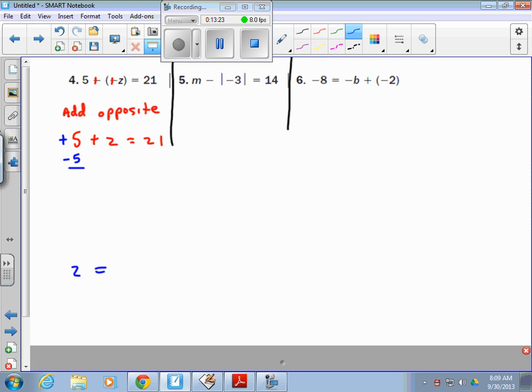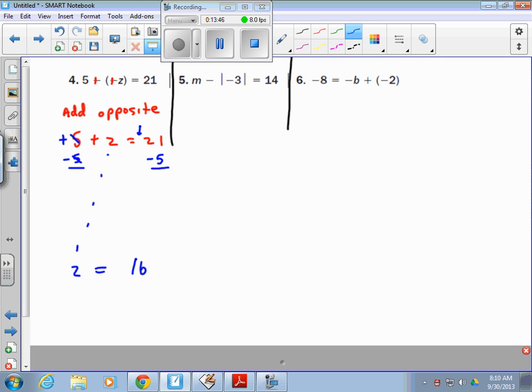If you subtract 5 on the left side, you have to do likewise on the right side. It'll cancel out the left side for you and leave you with just z, which is what we were looking for. And 21 minus 5, opposite sign, so subtract them. 21 minus 5 leaves you with 16. And 21 is a positive. There's no plus shown, but it's positive.